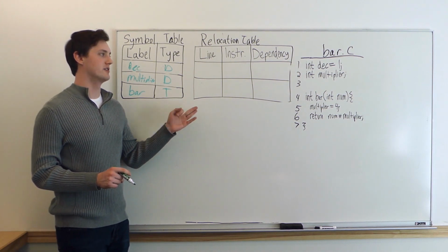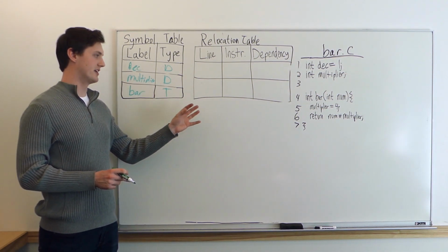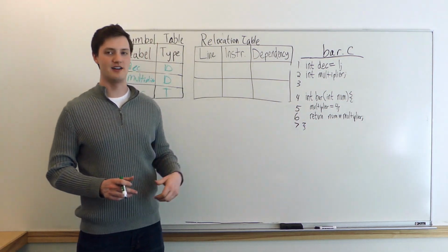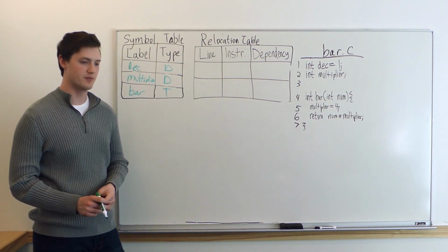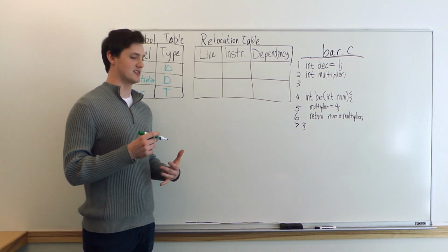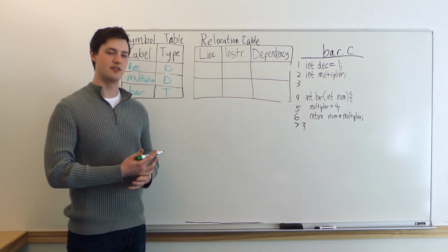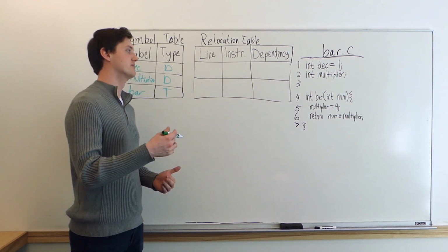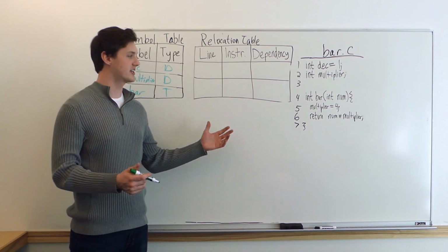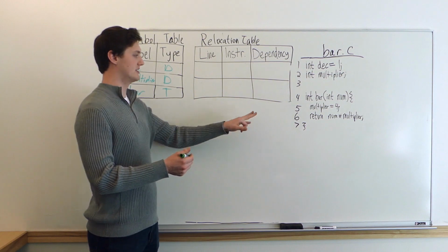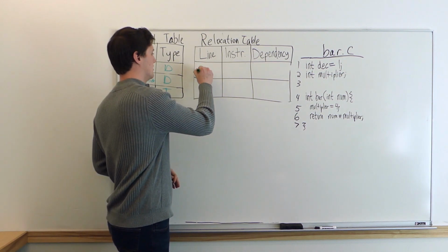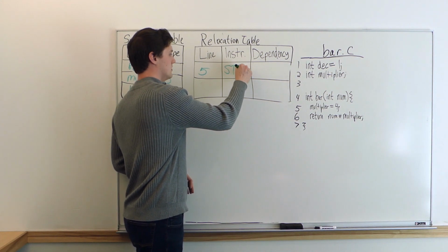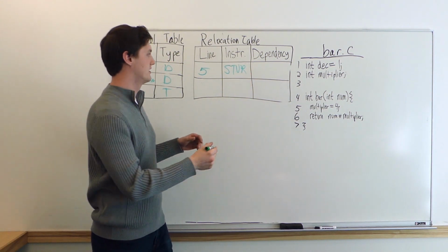And now lastly, for the relocation table, looking at things we would have to relocate. In this case, line 5, we're setting multiplier equal to 4. This is not a value that was assigned upon initialization. This is a value that was assigned after initialization, after multiplier was defined. And so in this case, we would need to store. So on line 5, we have a store, and the dependency is multiplier.